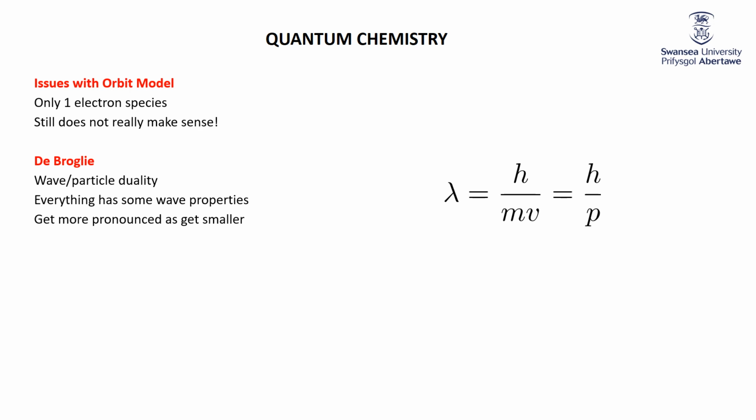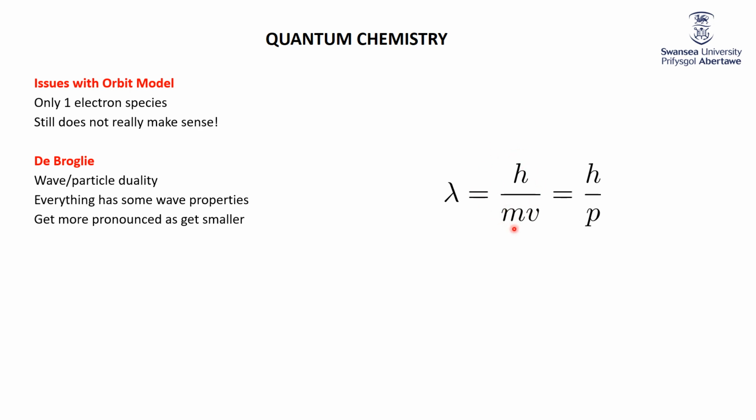However, as a particle, in quotes, gets smaller and smaller, that wavelength becomes more and more significant. And the little equation here, the de Broglie wavelength, is h, h if you remember being 6.626 times 10 to the minus 34 joule seconds, divided by the mass times the velocity. So something has to have a pretty small mass in order to make this a significant number.